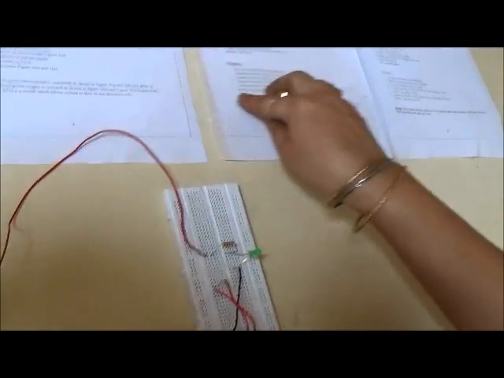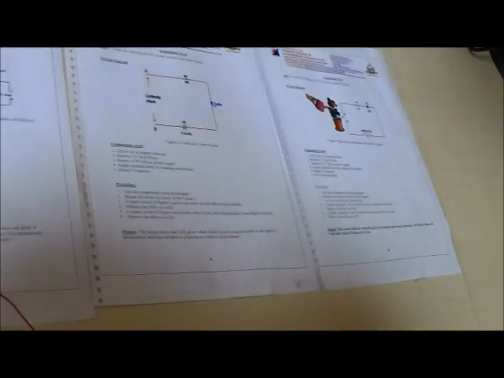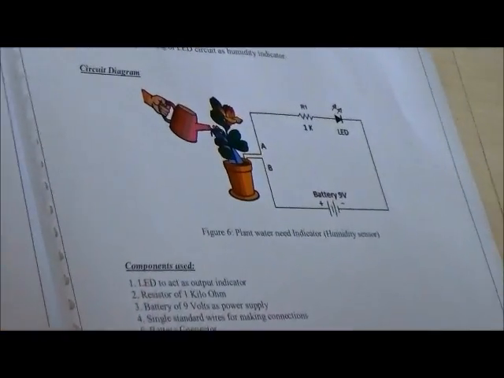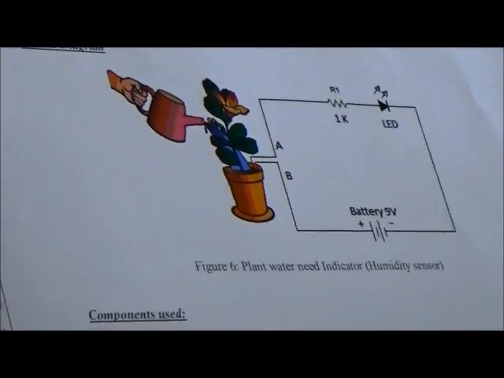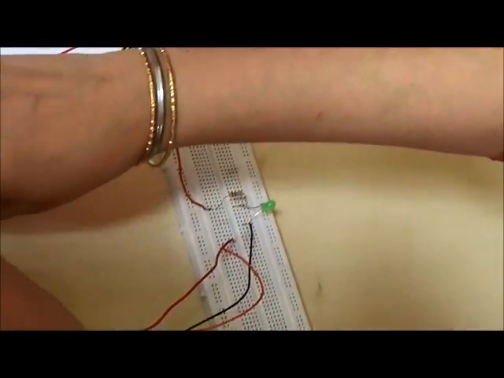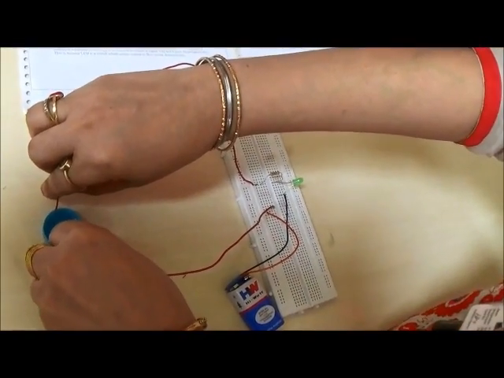The same circuit can be used as a humidity sensor or a water level sensor by connecting these two terminals across the water levels.